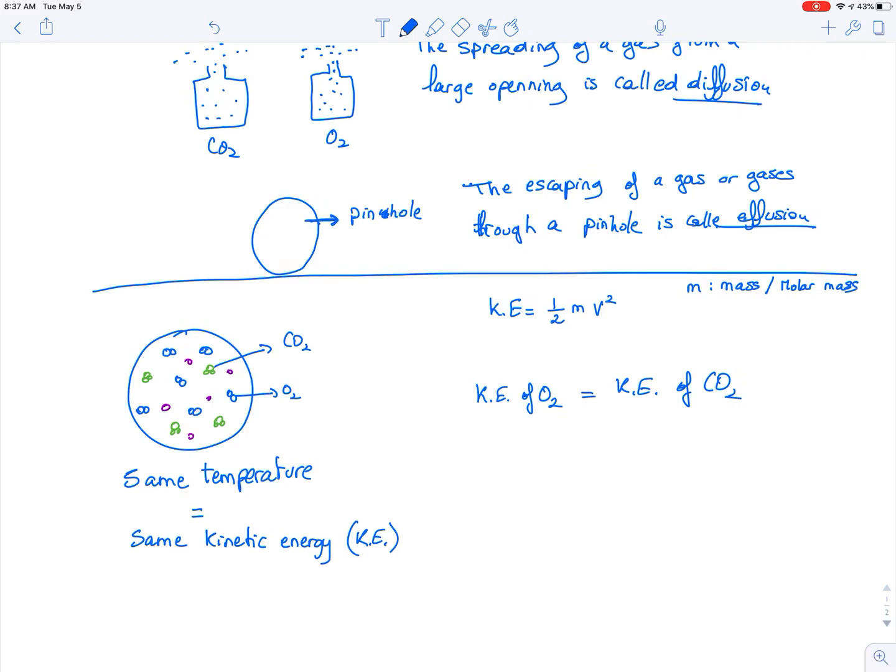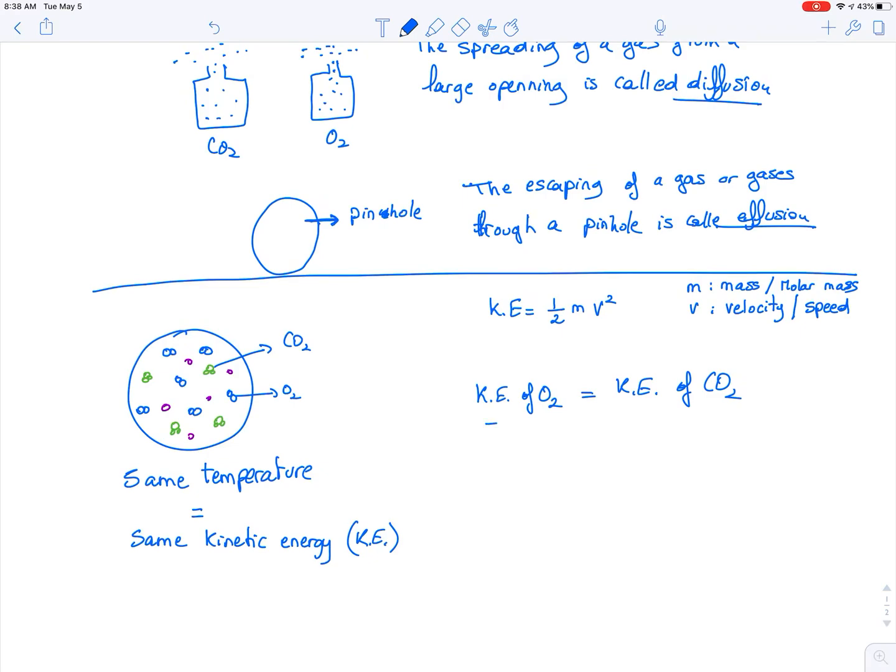So molar mass. v is not the volume, you guys. v is the velocity. Velocity and speed are two different things in physics, but for us in chemistry, we can interchangeably use them. So when I say v velocity, I can also be talking about speed, how fast they go, and m is the molar mass.